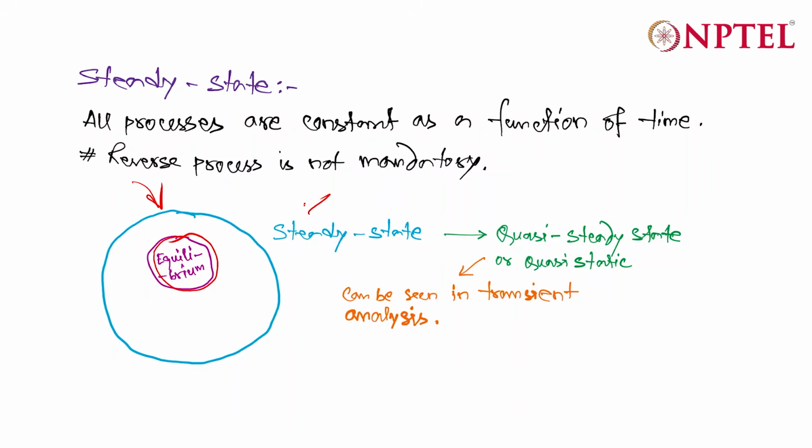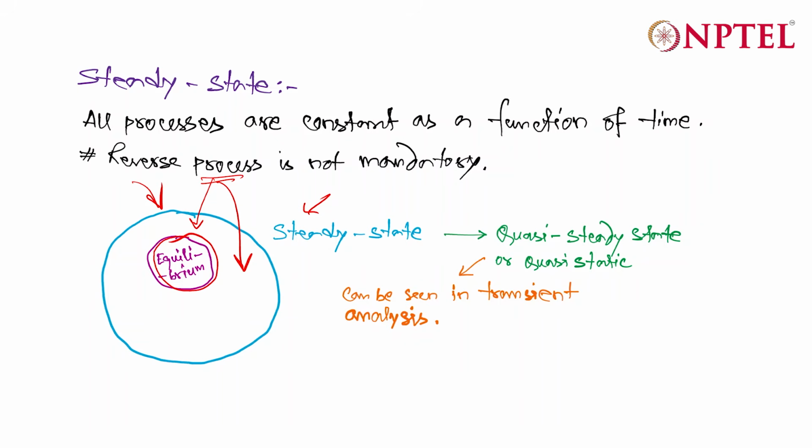In case of steady state, a reverse process is not mandatory. But even if there is a reverse process, you can call it steady state. Even if the reverse processes are not there, but all the processes are constant as a function of time, you can call it steady state. That's why steady state is the superset, and equilibrium is a subset of that steady state. So all steady states are not equilibrium, but all conditions that are in equilibrium can be called steady state.